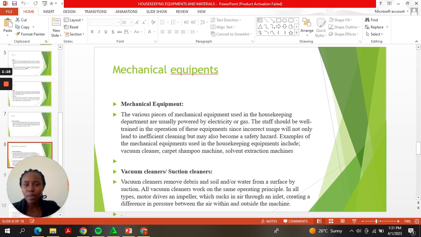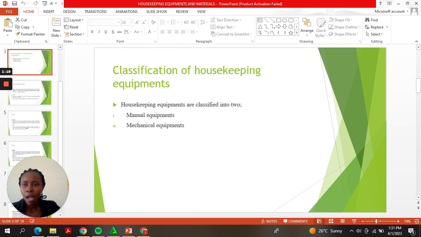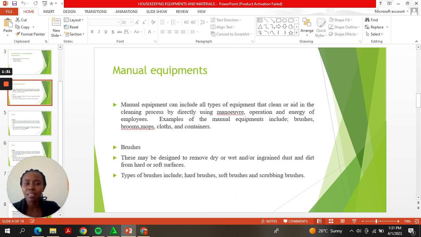Then we have the two classifications of housekeeping equipments: the manual housekeeping equipments and the mechanical housekeeping equipments. The manual equipments require manpower when using them, while the mechanical equipments require power supply for them to operate.